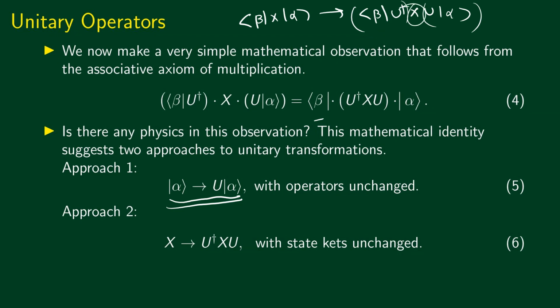In the second approach, you can also interpret this as the state remaining the same and the operator changing according to this equation. So X goes to U dagger X U with the state kets unchanged. In whichever way you interpret it, the final result is the same: bra beta X ket alpha goes to bra beta U dagger X U ket alpha.